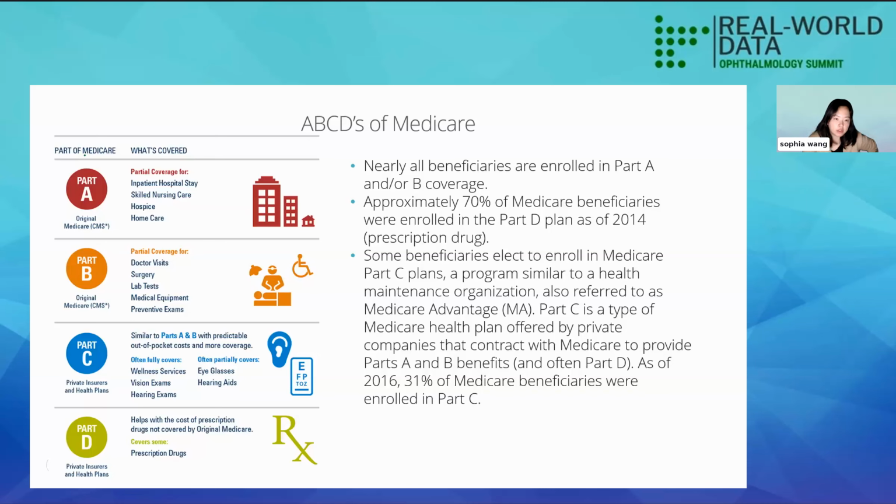There are some folks, about 30%, who are enrolled in Part C plans, which is similar to your traditional health maintenance organization or HMO plan. It's a type of Medicare plan that's offered by private companies that contract with Medicare to provide the Part A and B benefits and add some more on top of that. So this is like if you get Medicare Advantage or through Kaiser, for example, that would be Part C.